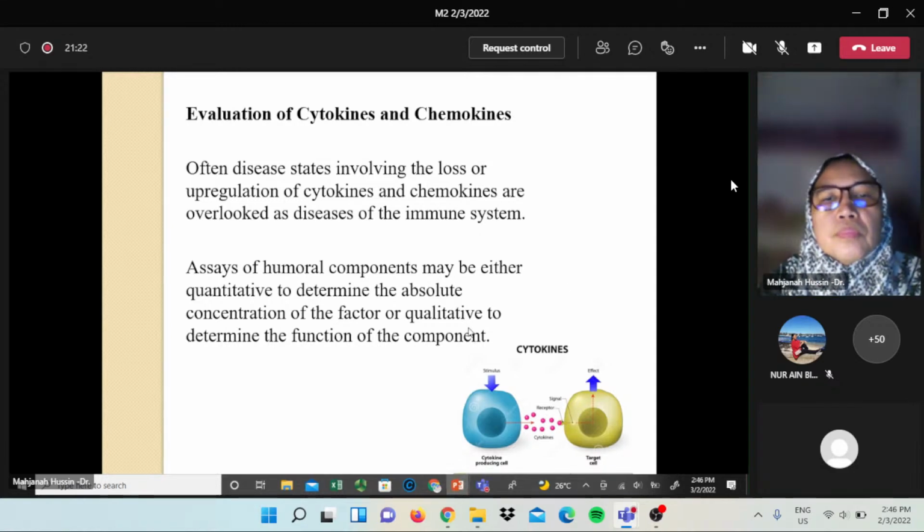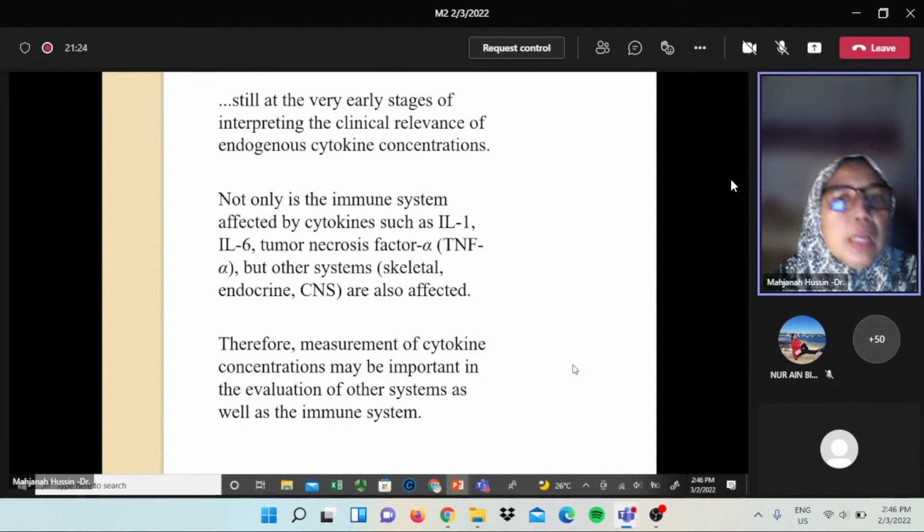All right, next. So what happens is, not only is the immune system affected by cytokines, many types of cytokines, interleukin 1, interleukin 6, if you still can remember, your tumor necrosis factor. The immune system will release cytokines for other immune cells to work, to function, to get activated.